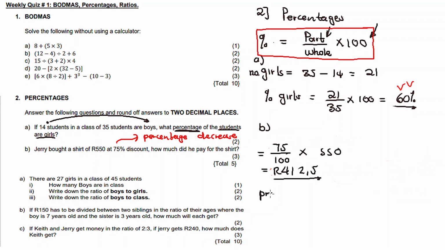Therefore, the price to pay is this. So this is your discount, the discounted amount. You're going to subtract it from the full amount. So the full amount is 550 minus the discount, which is 412.5.